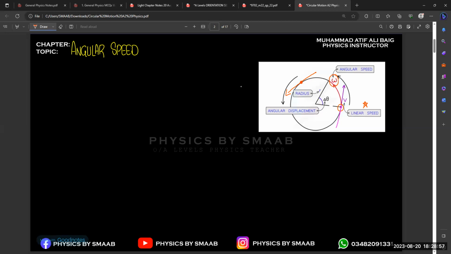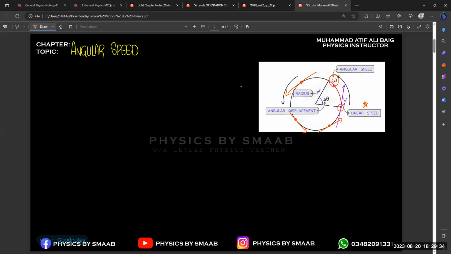Because at every point you can see that the direction of velocity is changing, right? So due to this change in direction, there is a concept of centripetal acceleration, right? I will also write that point in the column of centripetal acceleration, that why centripetal acceleration is produced, because that is also an important point, right?